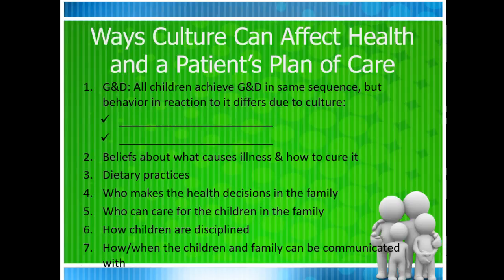Which means that those children are going to be more prone to hip dysplasia, and those children are going to likely not sit up as quickly, right? So they might not reach their milestone by 6 months. It might be more like 8 months.